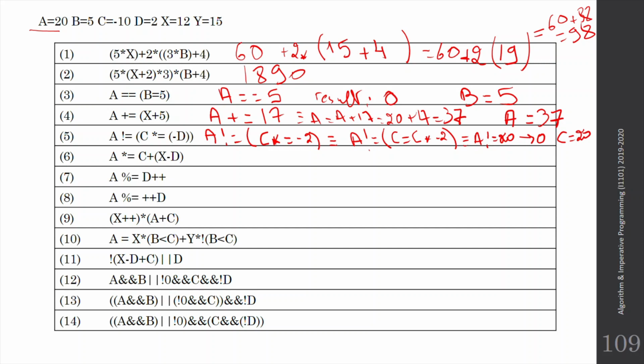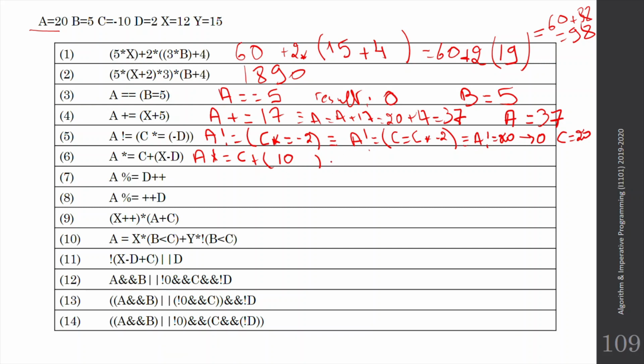Let's move to the sixth one. A multiple c plus x minus d. So again, we will do what's inside the brackets. So c plus x minus d. In x we have 12, and d is equal to 2. So 12 minus 2, it's 10. So c plus 10, and in c we have minus 10.